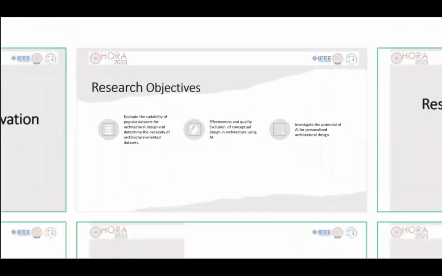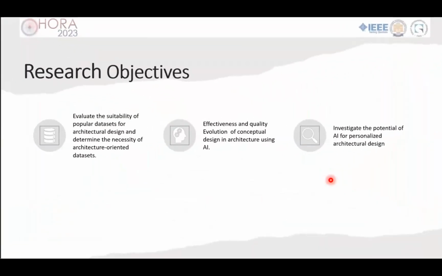So the main objective was to evaluate the use of architecture-oriented datasets. Specifically, we aim to achieve the following: evaluating the suitability of popular datasets for architectural design and determining the necessity of architecture-oriented datasets.